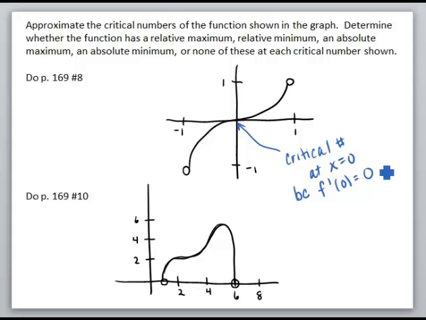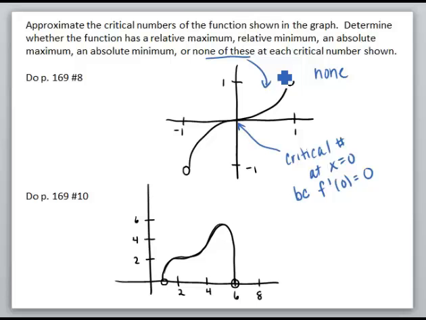Is it a relative max or a relative min or an absolute max or an absolute min? No, it is not any of those things. It's not the highest point, it's not the lowest point. It actually is just a critical number. The function continues to increase throughout there. So there is actually none of these in this function.